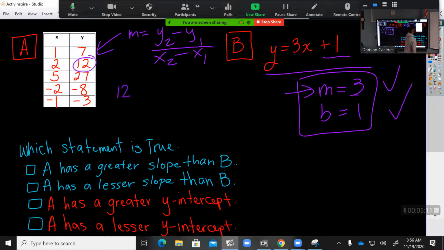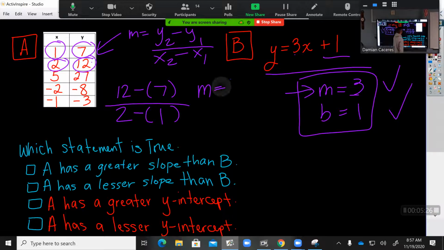So I'm going to take 12, subtract 7 from it, put it over 2, and subtract 1 from it. Second one minus the first, second x minus the first x. Now that'll give me 5 over 1, so my slope is 5. So let's answer the slope question already. 5 is bigger than 3, so A has a greater slope.